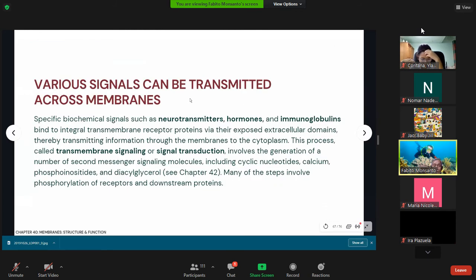Various signals can be transmitted, signals such as neurotransmitters. So there are molecules that can act as neurotransmitters. And then, of course, hormones and immunoglobulins. They bind to the integral transmembrane receptor proteins, and they can become transmembrane signaling, signal transduction.